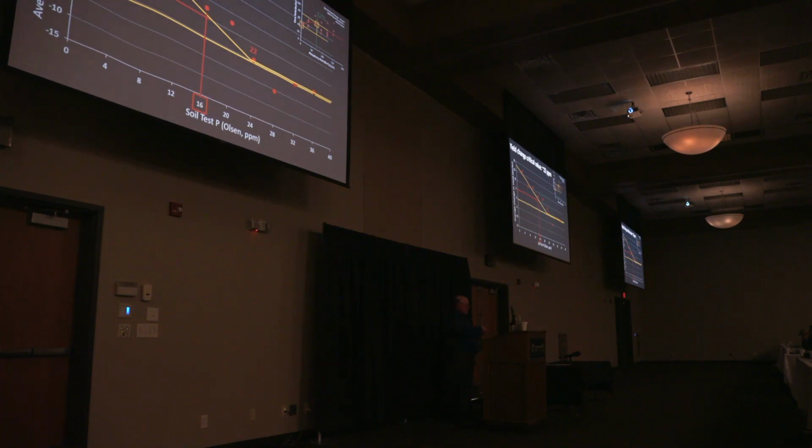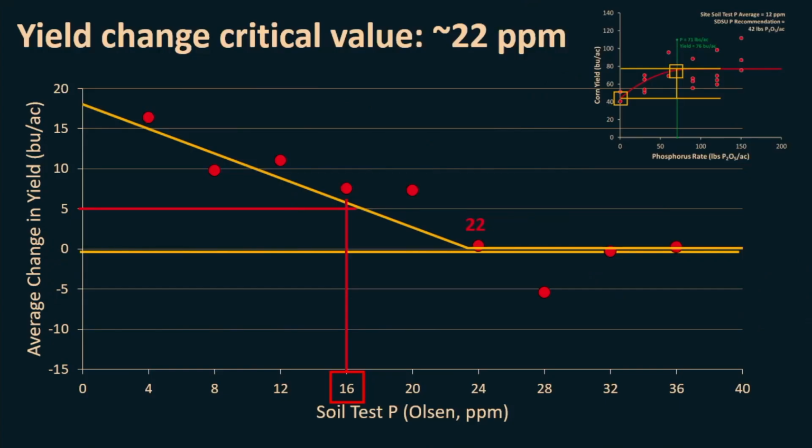So what Jason has done here is he's done it at 5 bushels on 200 bushel corn, okay? That's a small %. So are you willing to take that chance? And I think it's a pretty good chance, because it's a very small chance you'll get a response above that point. So a lot of this determining a critical level is, you use the fancy math and everything, but you still have to come down to making a decision.